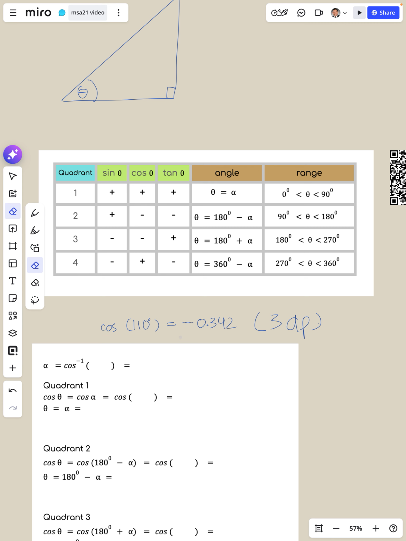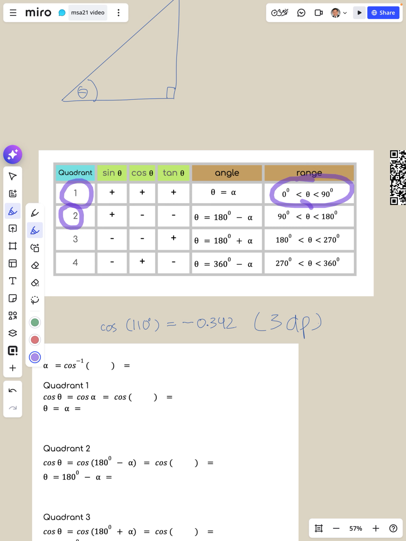Now, in this video, we learn only for angles between 0 to 360 degrees. Then we have 4 quadrants. Quadrant 1 applies if the angle is between 0 to 90 degrees.